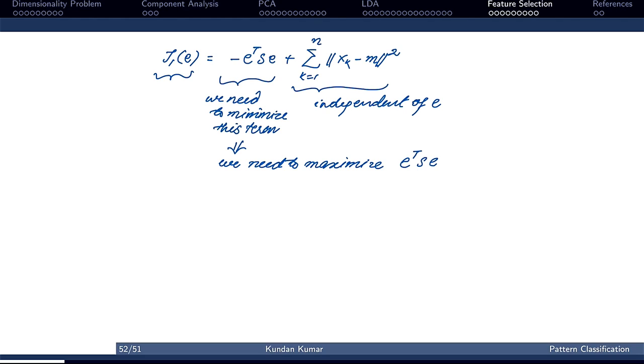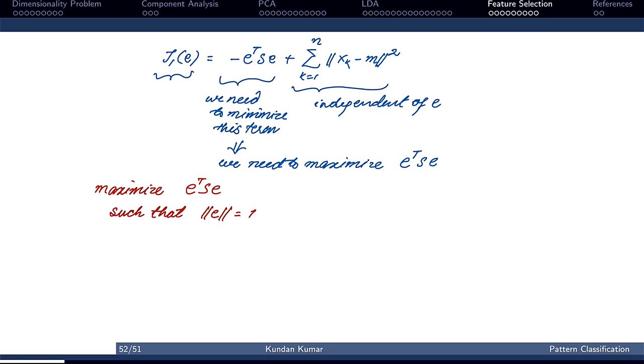So we can formulate a maximization problem, that is, we have to maximize E transpose S E such that the magnitude of E is 1.